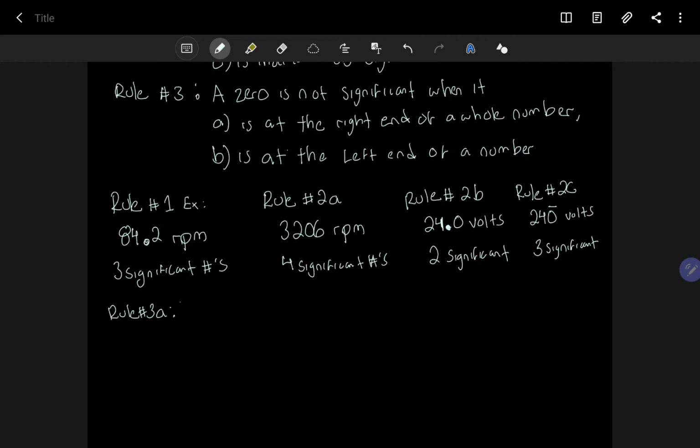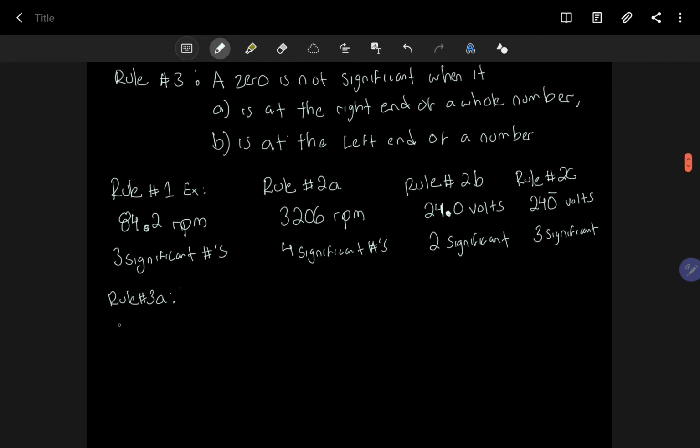Okay, so for rule number 3A, let's think of 240 volts. How many significant numbers do I have? 2, because remember, if it doesn't have the little bar on the top, then it's only 2.